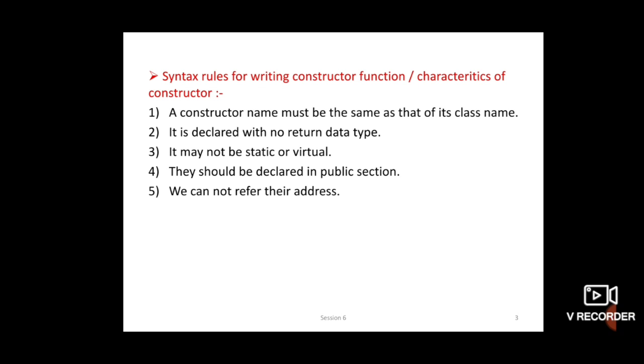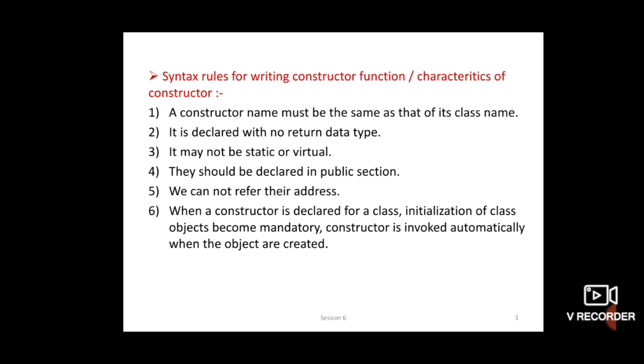So in a constructor we cannot refer to its address. When a constructor is declared for a class, initialization of class objects becomes mandatory. See, when a constructor is declared for a class, suppose you create one class and in that class a constructor is declared, then initialization of the class object becomes mandatory.